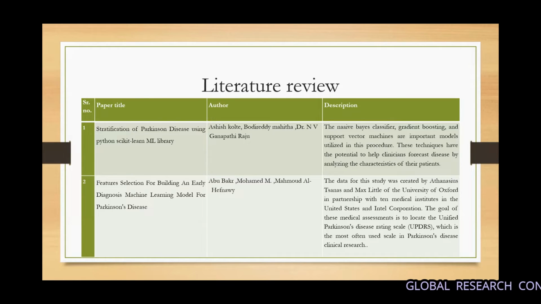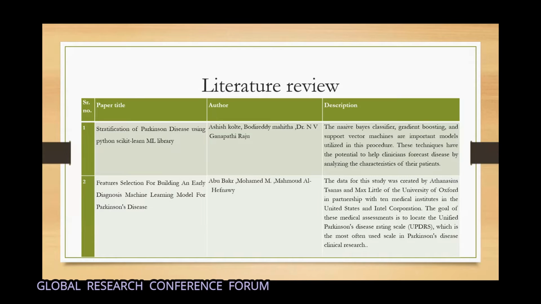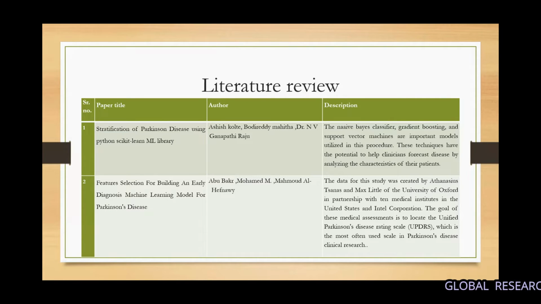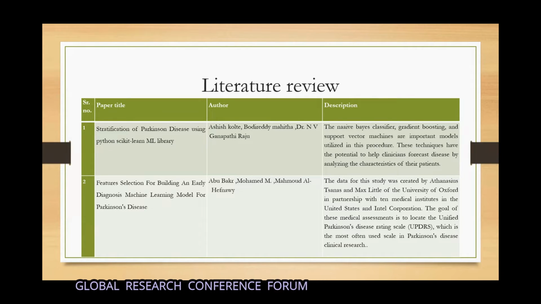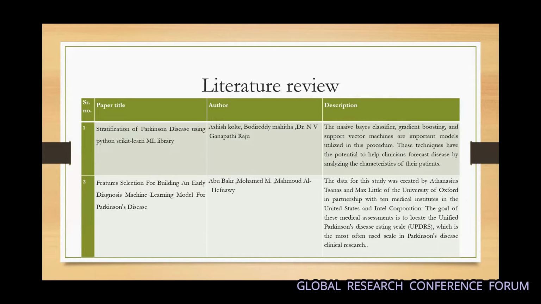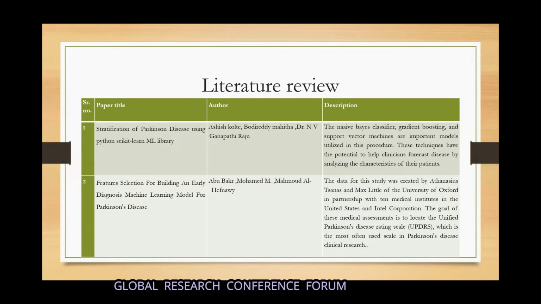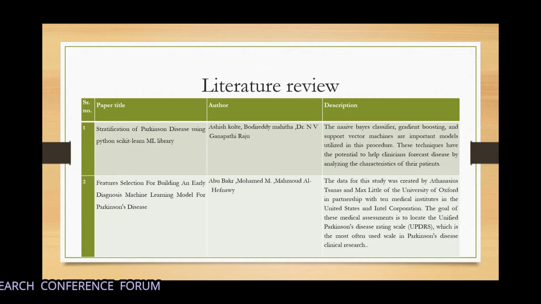The second paper is feature selection for building an early diagnosis machine learning model for Parkinson's disease. The goal of this paper was to sort the medical measurements and select the most relevant parameters to build a faster and more accurate model using feature selection techniques. The target of this paper is to find the unified Parkinson's disease rating scale.